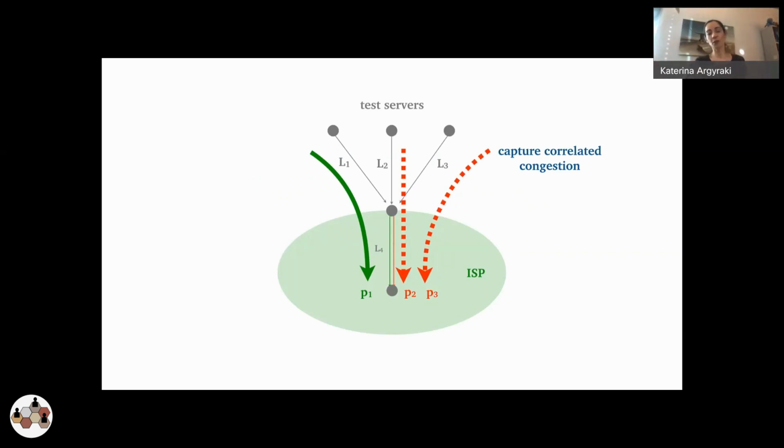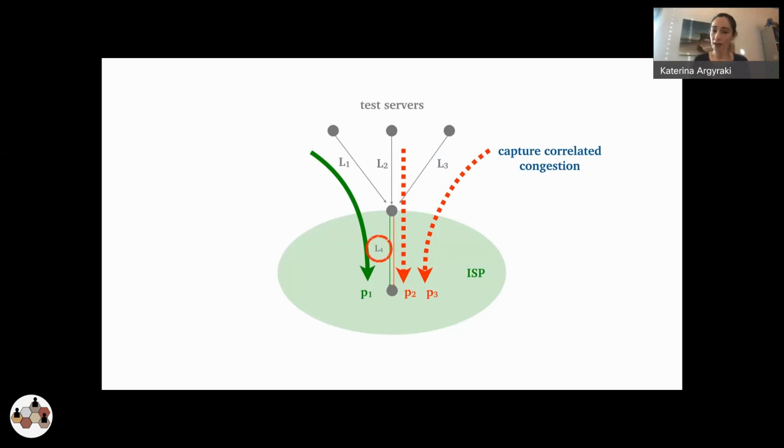If this ISP is discriminating against video traffic, it must be that it subjects video traffic to some policing, some throttling. This means that there will be some correlation in the congestion suffered by these paths, very likely. All right, so if this is the case and we capture this correlated congestion, assuming that links L2 and L3 are independent, then it must be the case that the problem is on link L4. Okay, that is the idea.